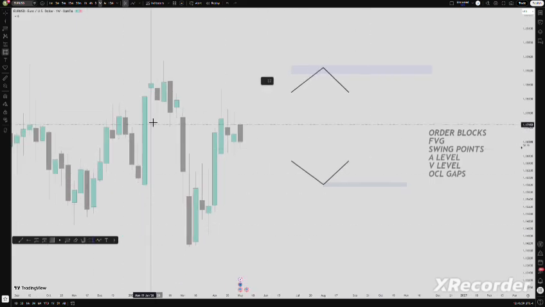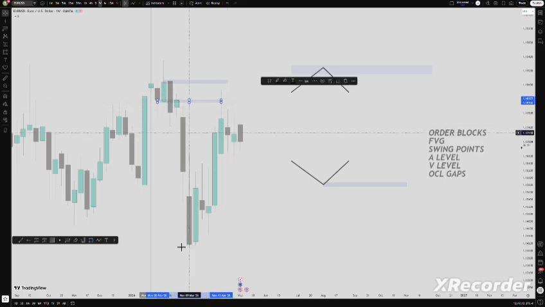For me, my eyes are drawn up here. That's a level. My eyes are also drawn here. That's a level. You can see how price is interacting with this level. Where else can my eyes see? I see this level.